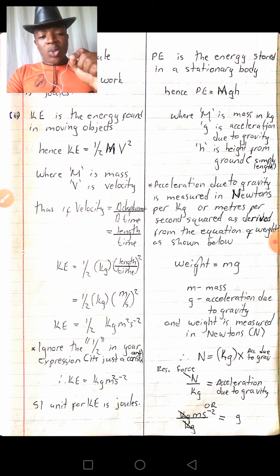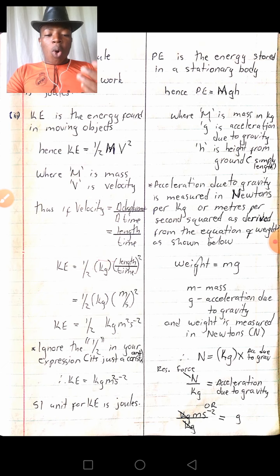So when you make acceleration due to gravity the subject of the formula, you find that it is equal to weight over mass. But weight is measured in newtons. Therefore, acceleration due to gravity is equal to newtons per kg.